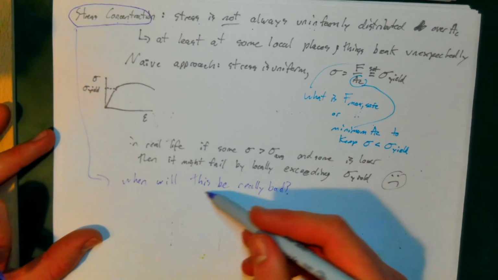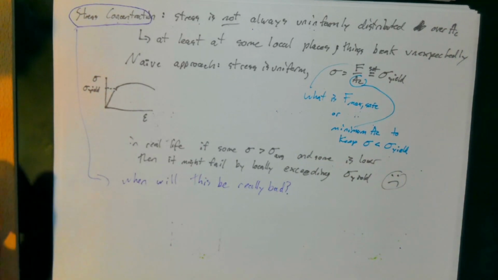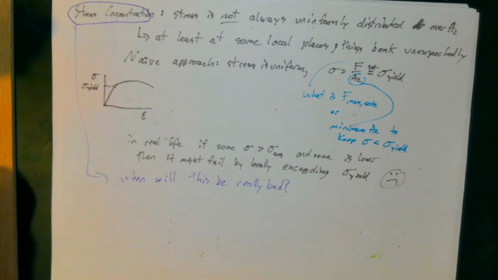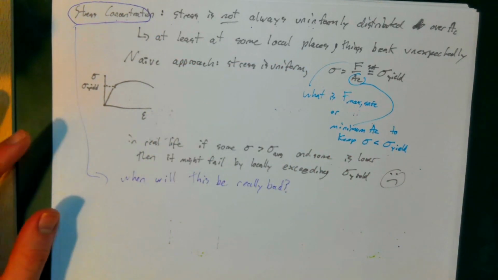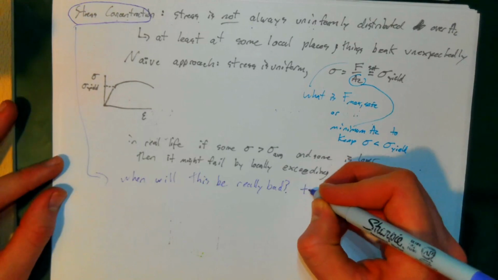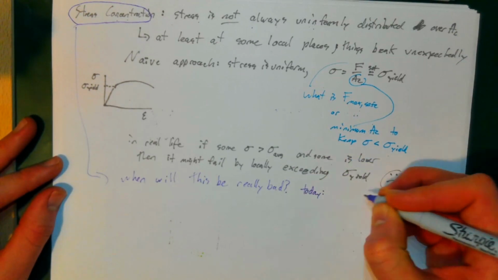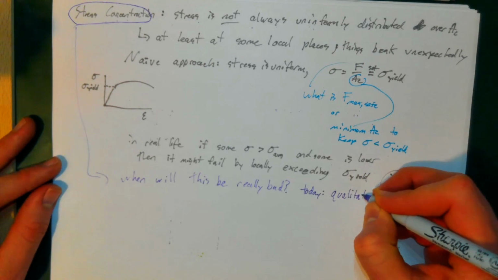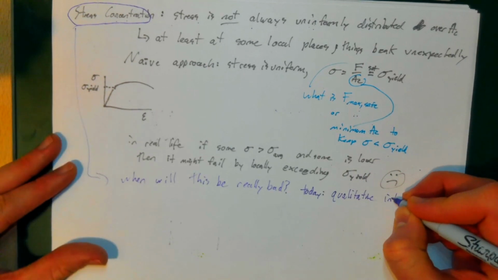And that's basically what today's lecture is going to focus on. At least developing some qualitative intuitions about when stress concentration is really bad. So today is going to be qualitative intuitions.